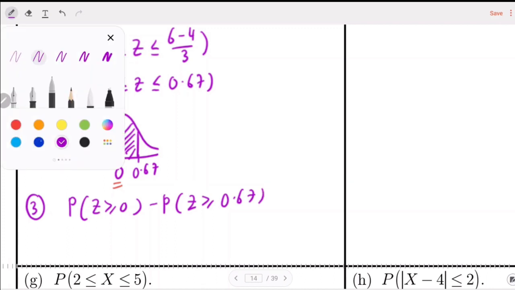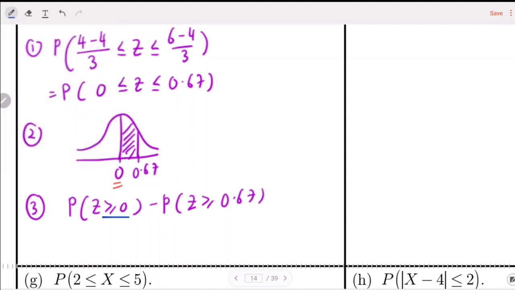This is because when we calculate the probability for Z greater than equal to 0, we're going to get the total area from 0 until infinity, and then we don't want this part. This part is for Z greater than 0.67. So that's why we have to put it like that.